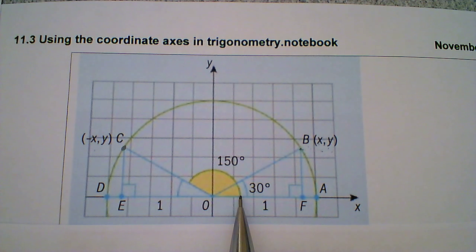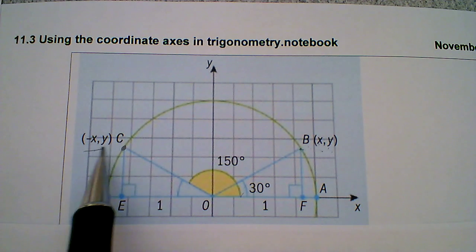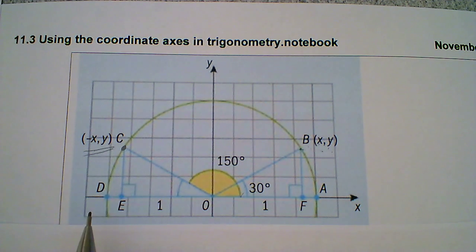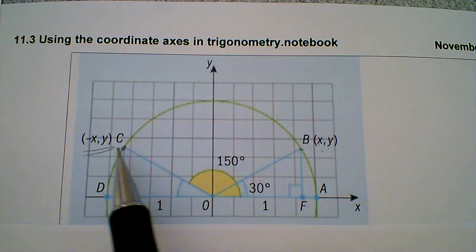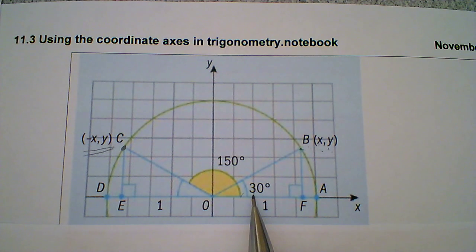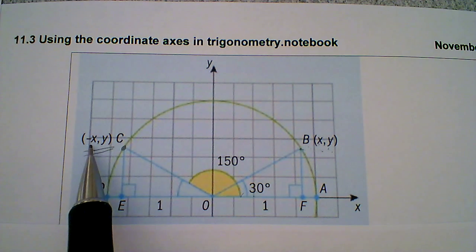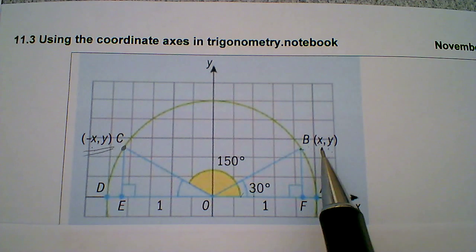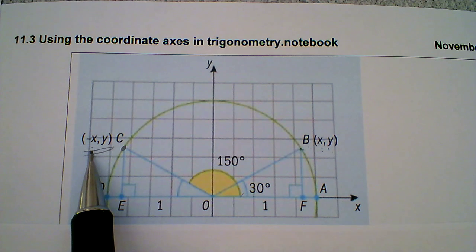So the angle measure of the obtuse angle, 150 degrees, if we want to find the value of point C, it's going to have the same y value, so it's going to be the sine of theta, and the x value is going to be the opposite. So we're going to have the cosine of theta, and in this case it will be the opposite of the cosine of theta.